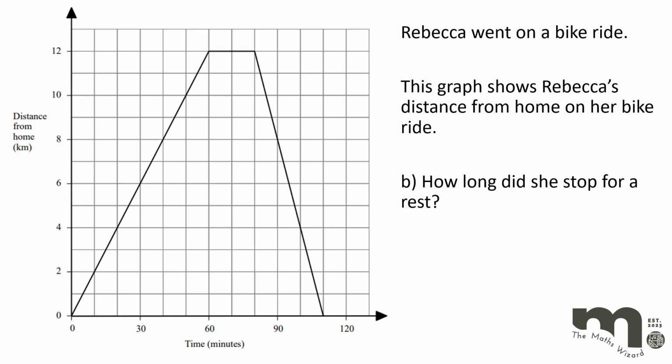So second question, you notice that there's 2 squares where it's horizontal, between 60 and 90. Every square is 10 minutes on here. We've got 2 squares, so that's going to be 20 minutes because 10 times 2 gives you 20.